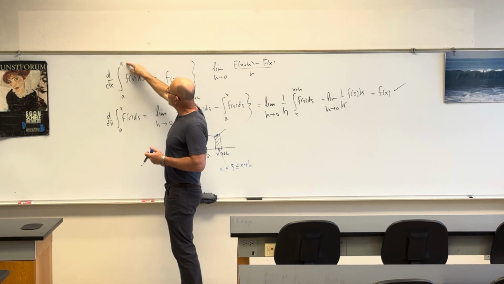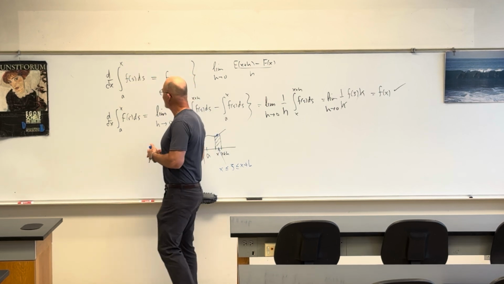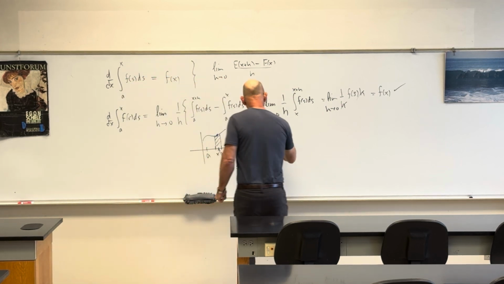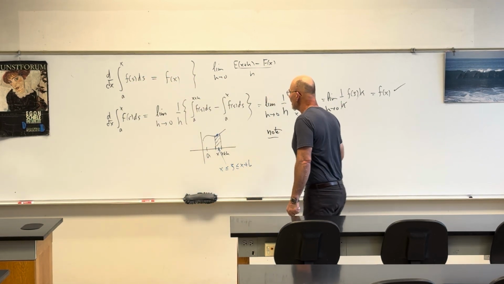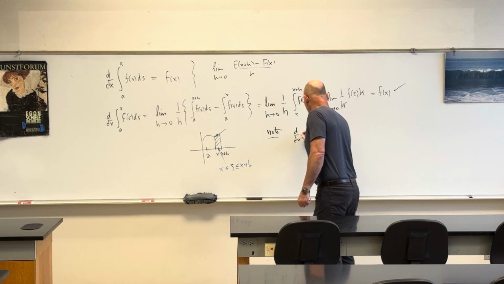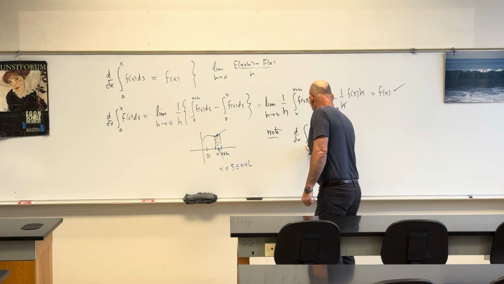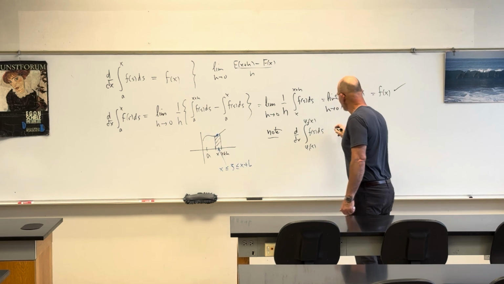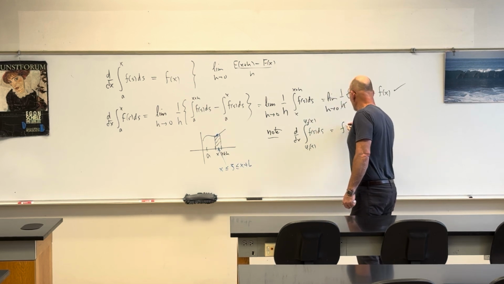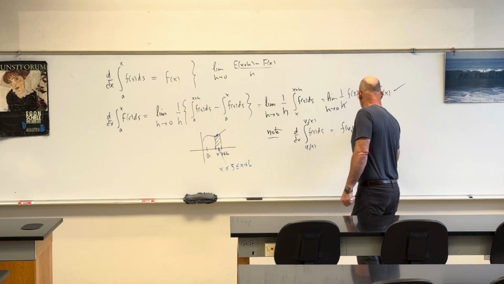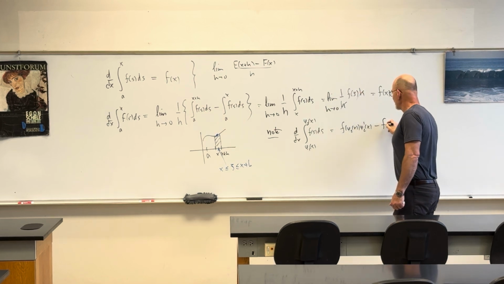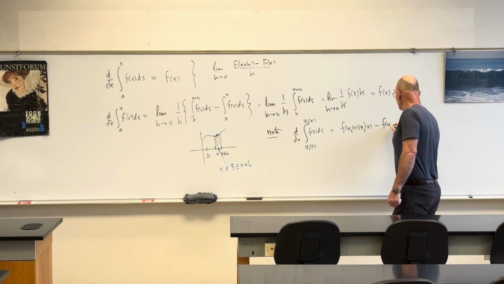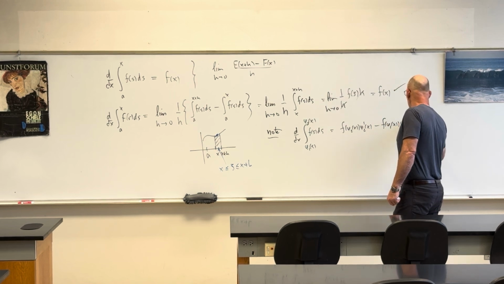If you have two functions, for example, I'll put this as a note, maybe we should prove this as well. If you had d over dx of the integral of f of s ds from phi1 of x to phi2 of x, you'd end up with f of phi2 of x times phi2 prime of x minus f of phi1 of x times phi1 prime of x.